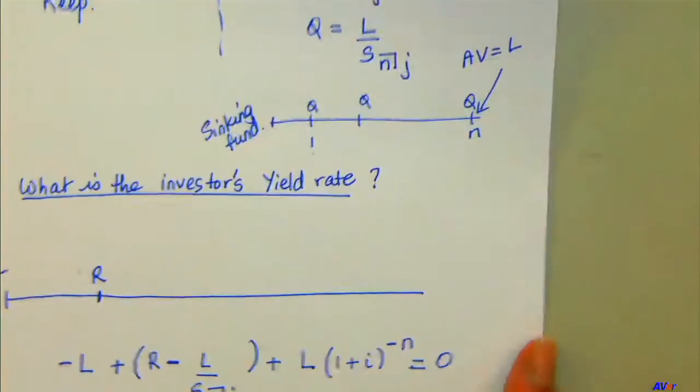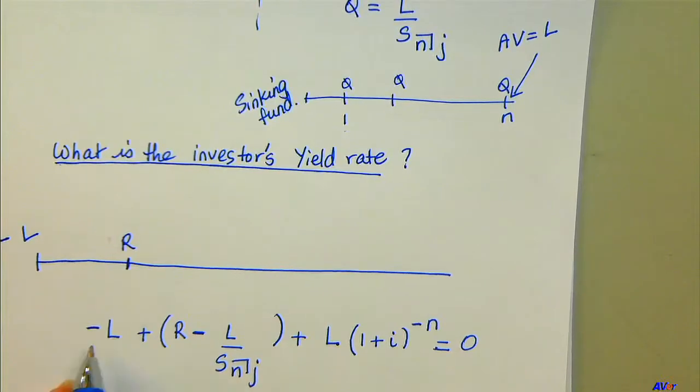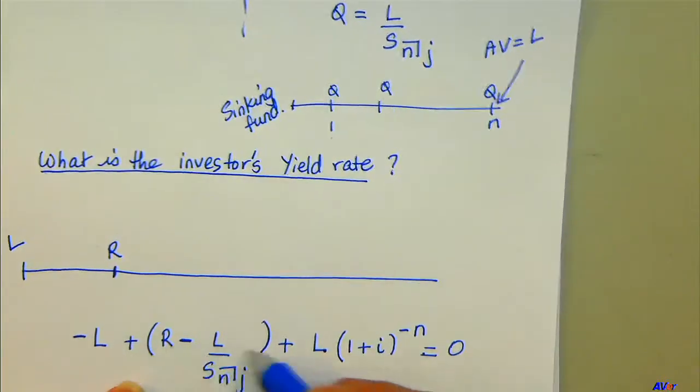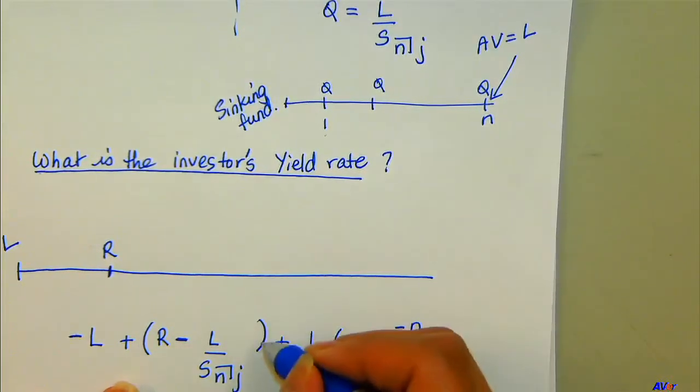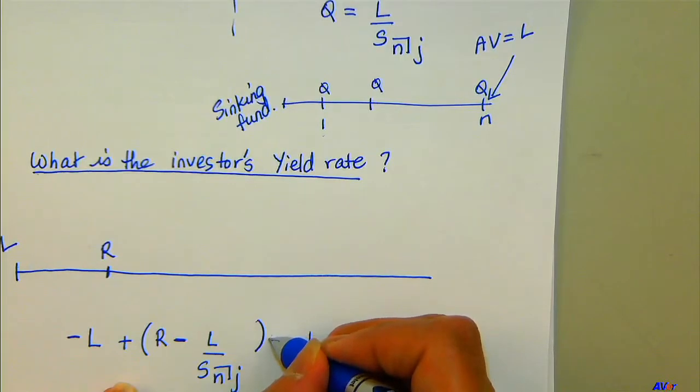So when I write the yield equation, the bank has given out L dollars. The bank received this amount many times. How many times did it receive this amount? N times.